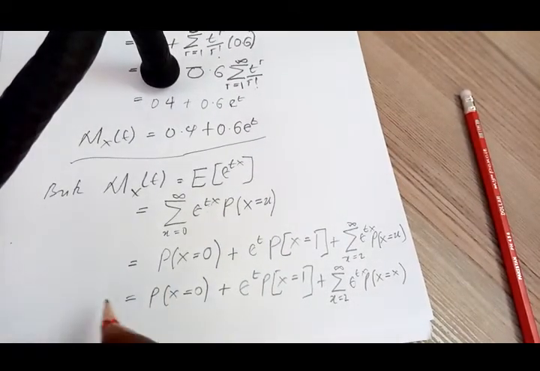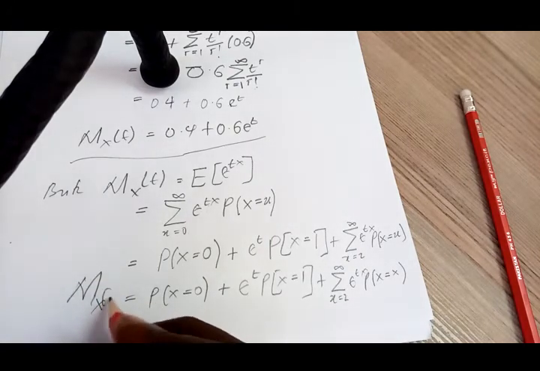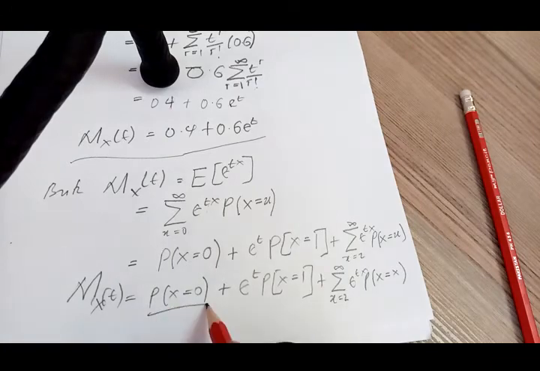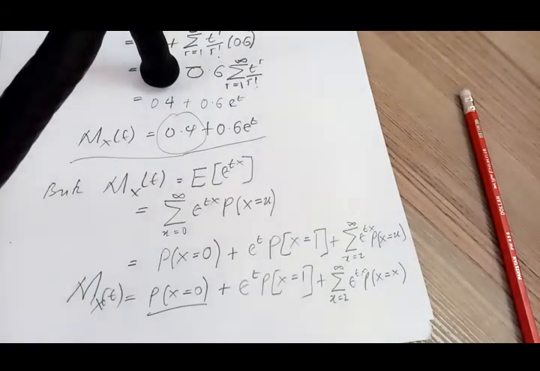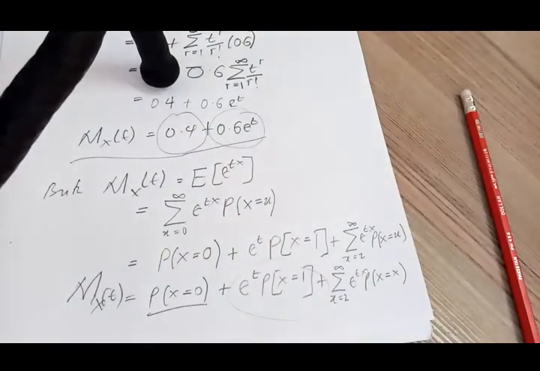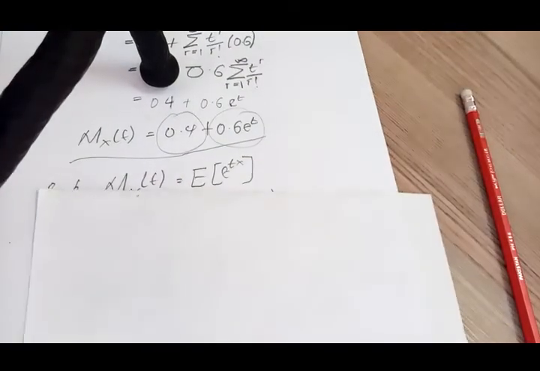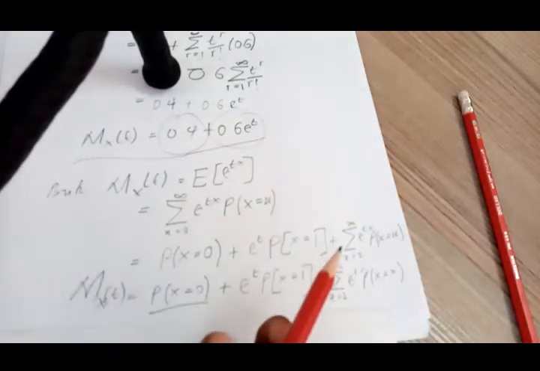If you look at this moment generating function which we are looking at now, the last one, this part is basically going to be equal to this part, and this part here is basically going to be equal to this part. Now what does that mean?